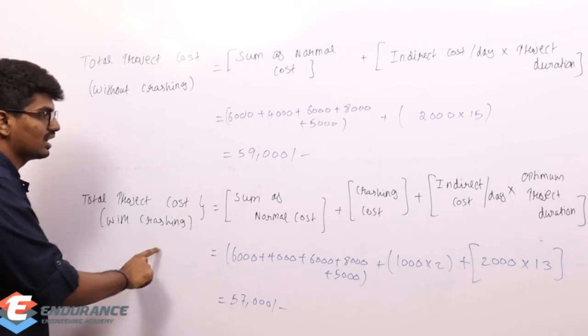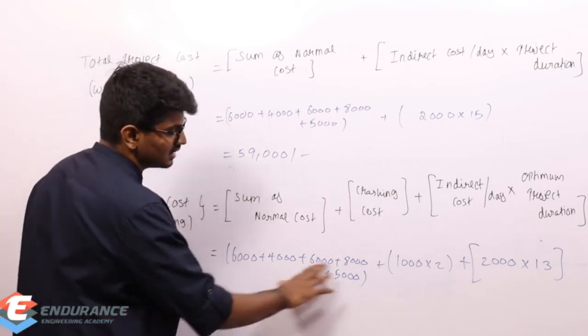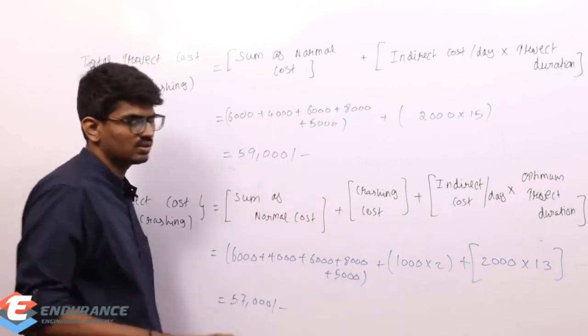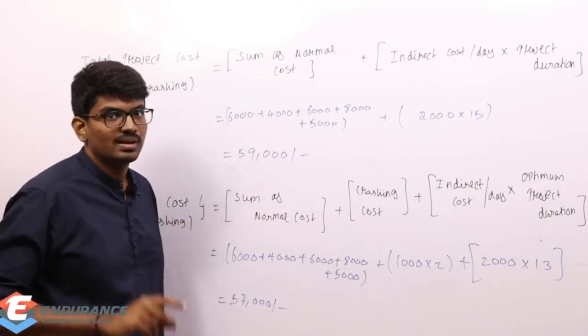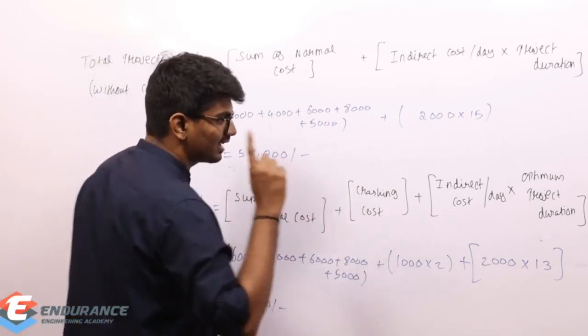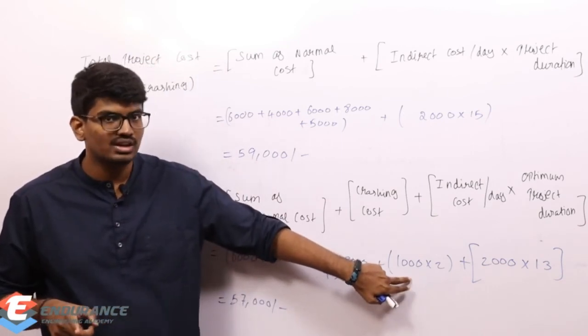Why? Because of crashing. But what happens to direct cost? You could see that the sum of normal cost is not changing: 6000, 4000, 6000, 8000, 5000. But crashing cost is getting added, right? For crashing that activity for 1 day, I need 1000 rupees.